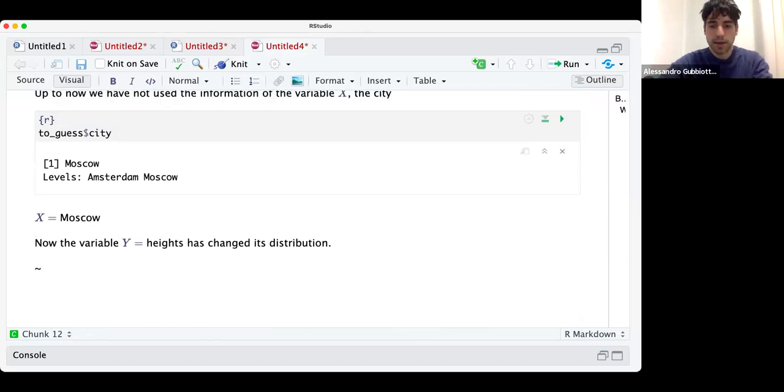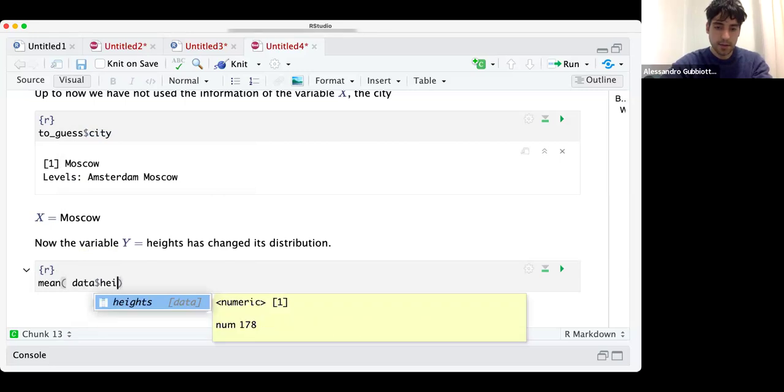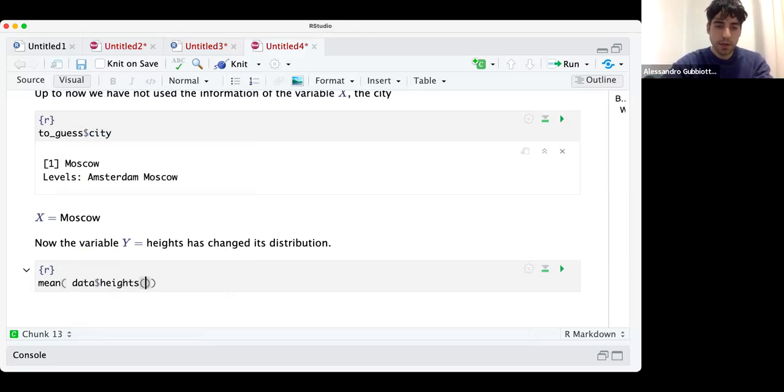We can do a better estimate with this knowledge. We can take the mean of the data of the heights, but from the people living in Moscow.